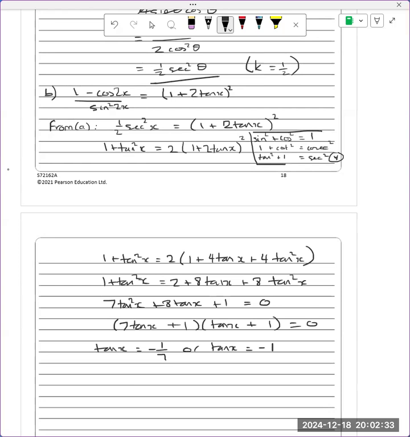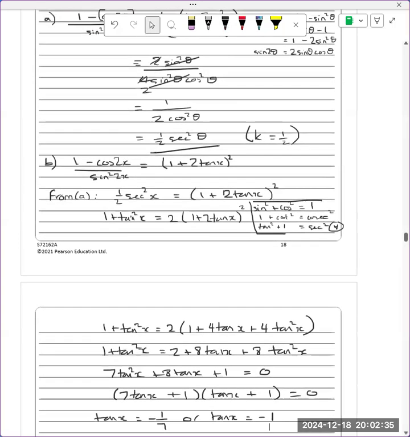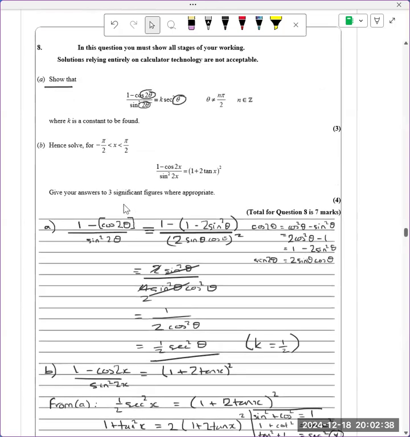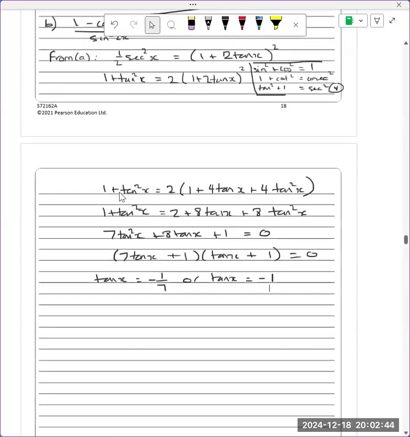Okay. At this point, if we haven't already done so, we should be thinking about the interval. The interval is minus pi over 2 to pi over 2. So I think we're going to get solutions from both of these.